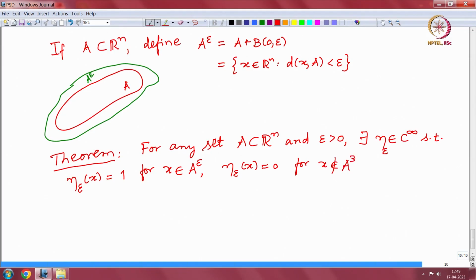So, you take 3 epsilon. And an important thing, it is bounded, less than or equal to 1, and there are these important estimates. You will see the usefulness of these estimates when we go to PDEs.